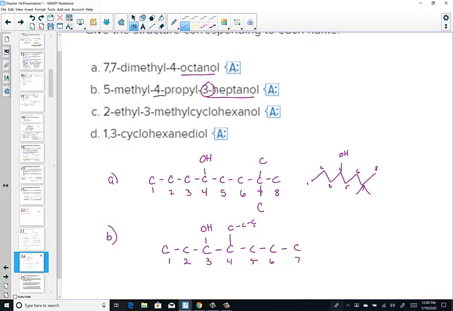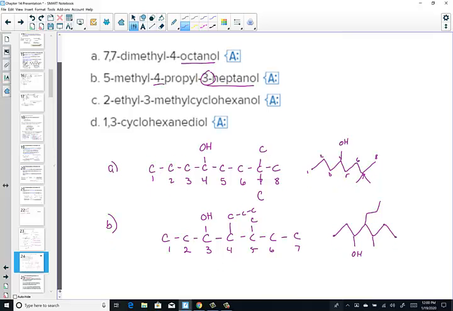And at carbon 5, you have a methyl. All right, so we have all those branches in. 1, 2, 3, 4, 5, 6, 7 carbons in the longest chain. At carbon 3 is an OH. At carbon 4 is a propyl, 1, 2, 3. And at carbon 5 is a methyl. And there's the line structure for letter B.